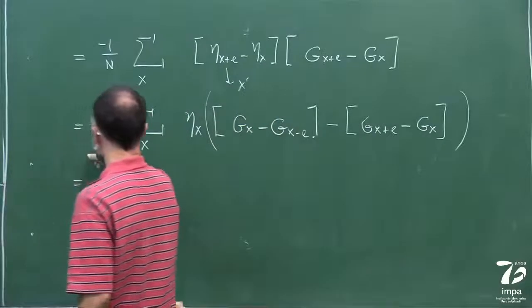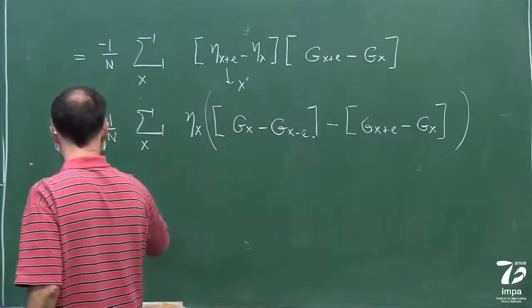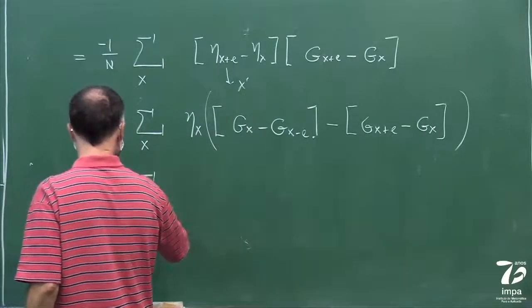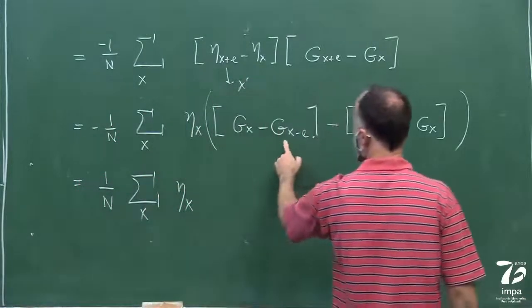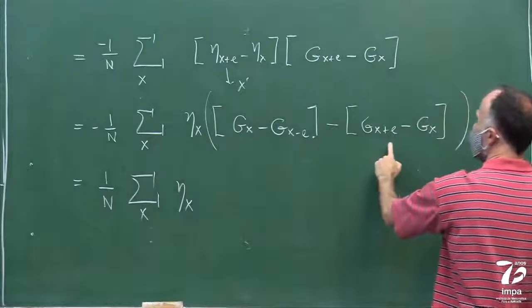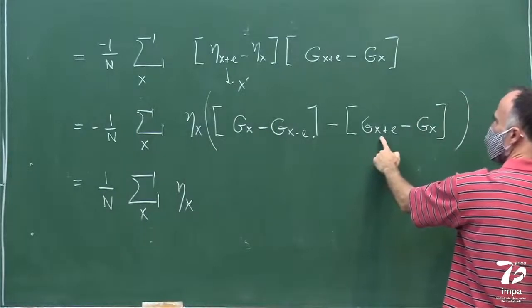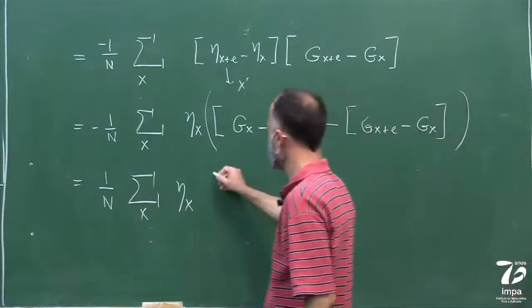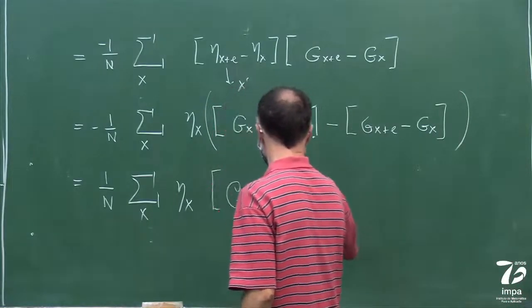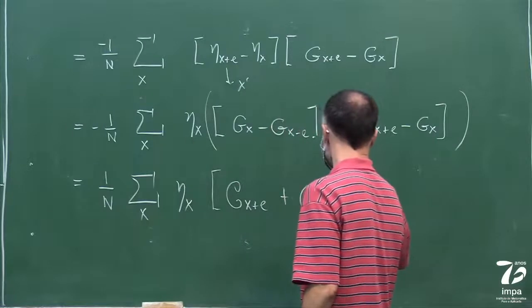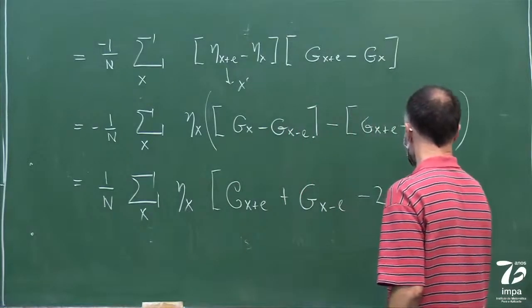And remember that I have a minus sign here, so this is 1 over n, sum over x, eta x, times g of x plus e plus g of x minus e minus 2 times g of x.